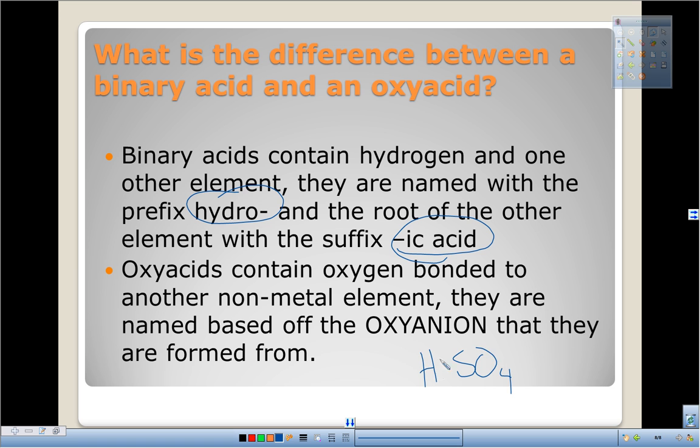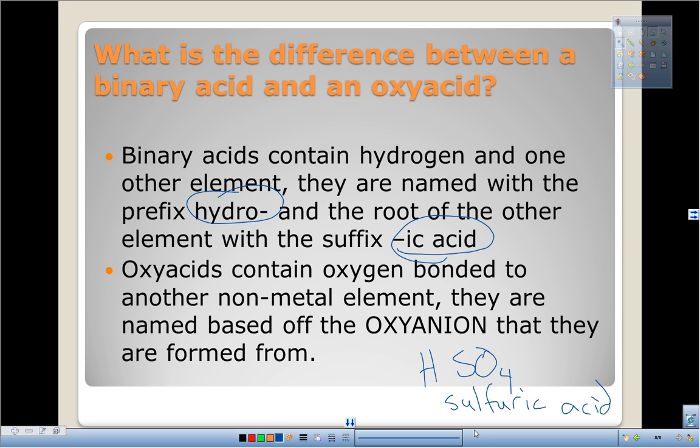We're going to have an H here. What's the charge on a sulfate? Shorter name, sulfuric acid. Look, Kaylee, no hydro. So it's a polyatomic. It's a longer formula, shorter name. It's kind of weird. It's just the naming rules.